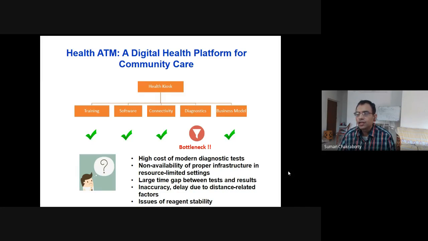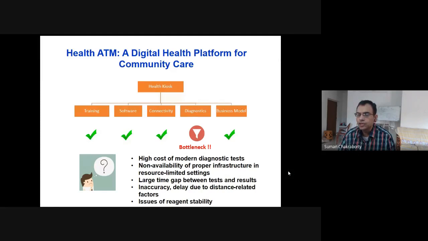The frontline health worker translates that in the form of a software interface, which by internet is connected to the doctor sitting in the big city.